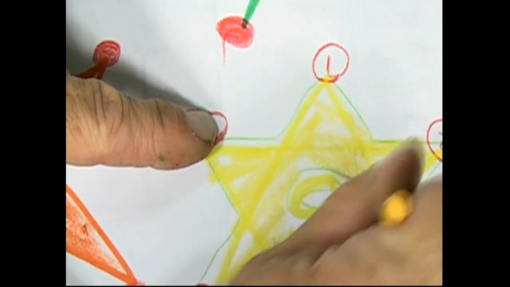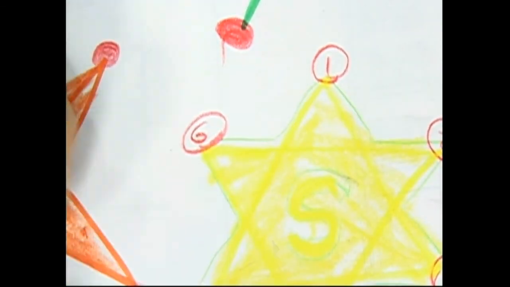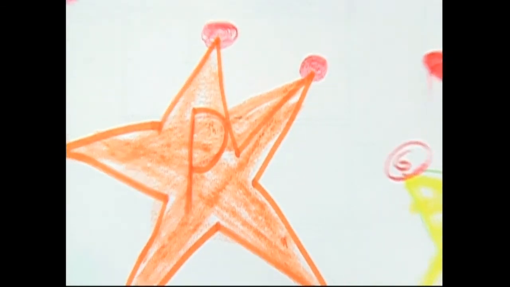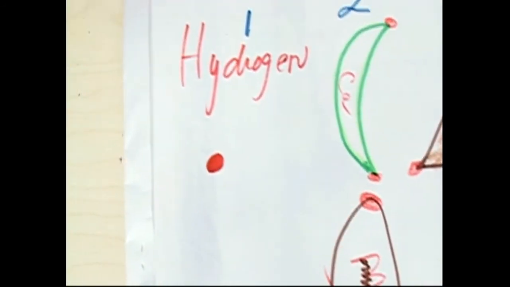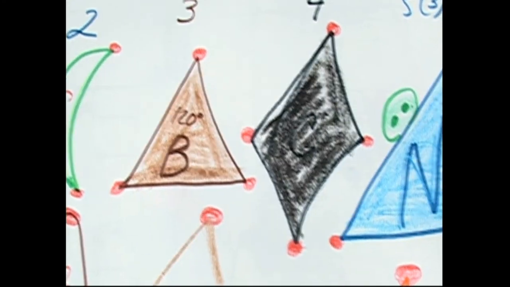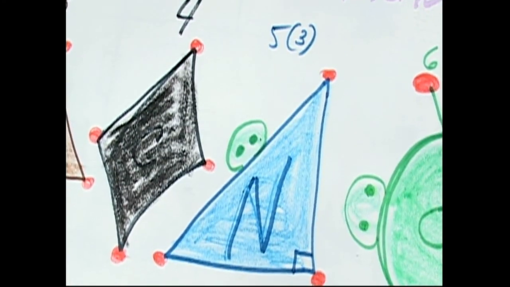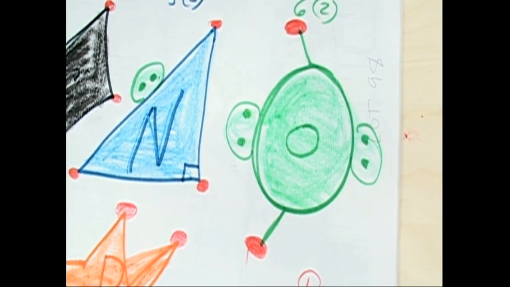In mixed media, use colored pencils, use markers, use crayons. So sulfur, phosphorus, aluminum, 2, 1. 1, 2, 3, 4, 5 is 3 bonds, 6 is 2 bonds.